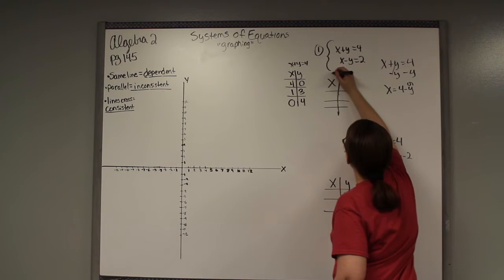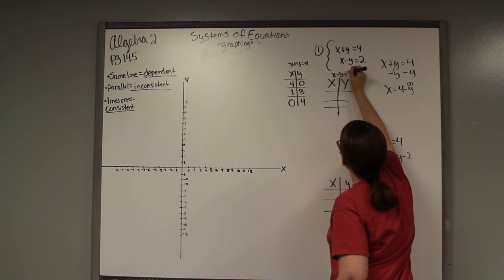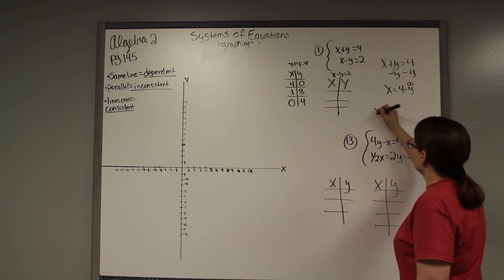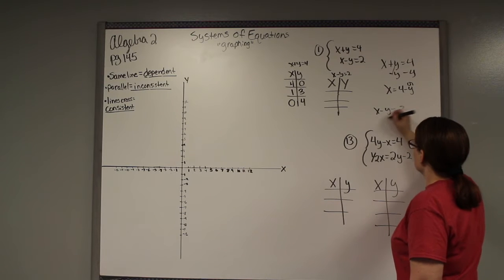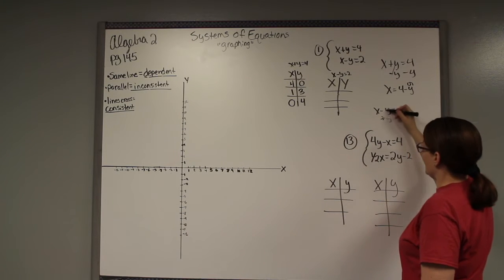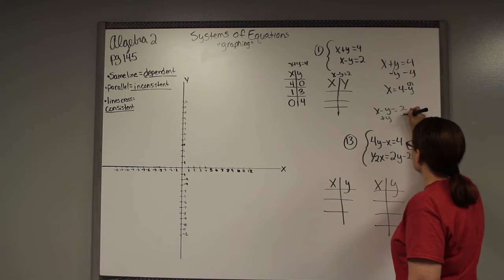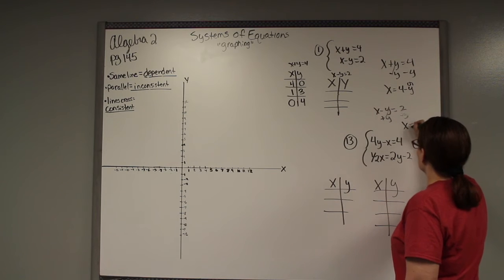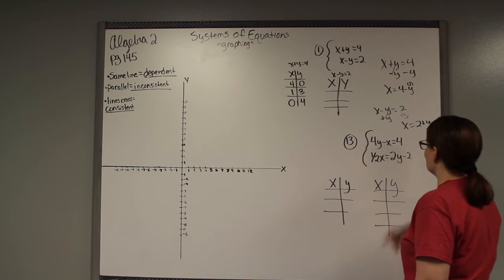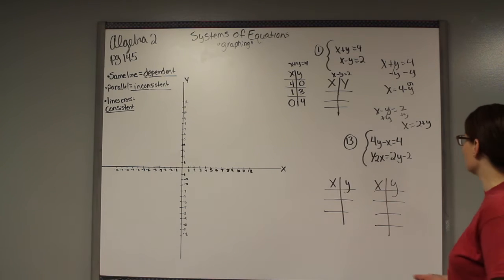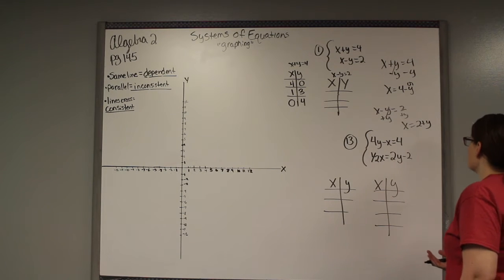So with the second equation, x minus y equals 2, I will move y over. This time I add it because I do the opposite, and I get x equals 2 plus y. So now whatever I put in there for y, I have to add 2 to it.